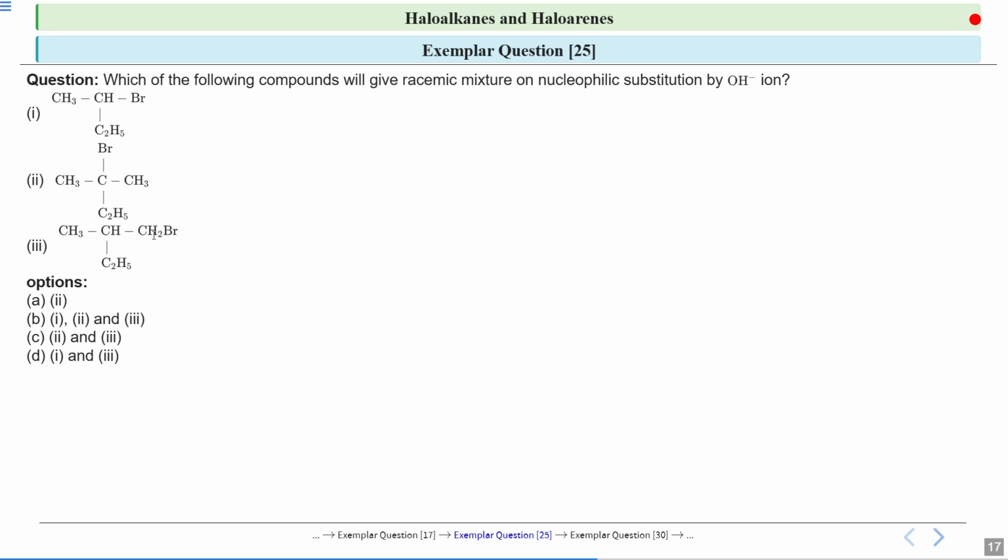Now, if you are able to find the difference between these three molecules, then you can easily depict which compound will give the racemic mixture on the nucleophilic substitution. The options are second compound, first, second and third compound, second and third compound, or first and third compound.